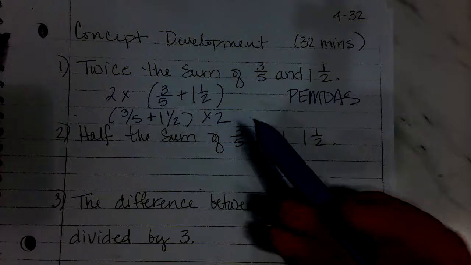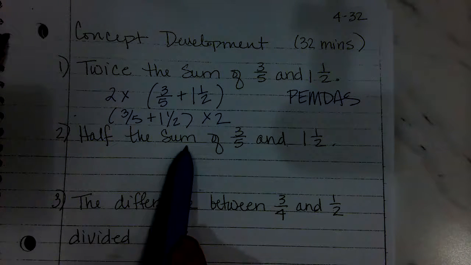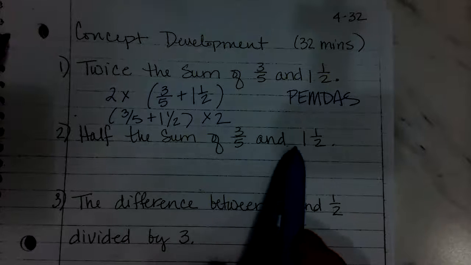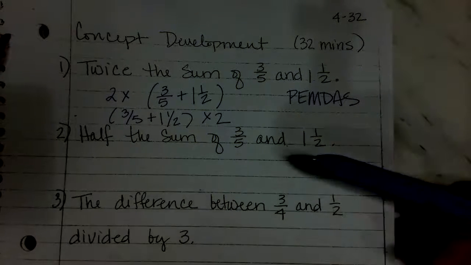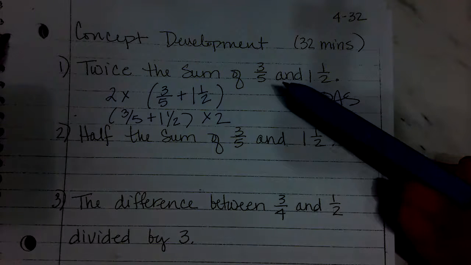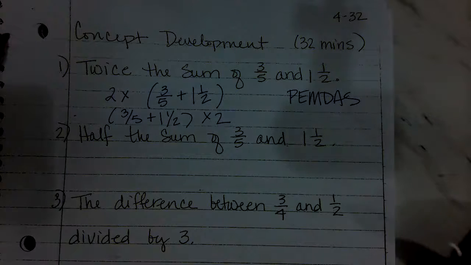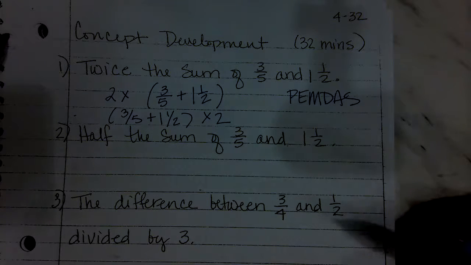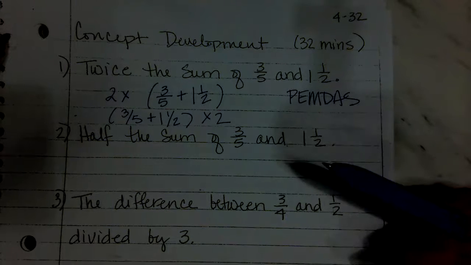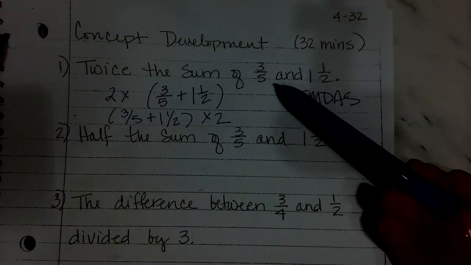All right, now let's read this one. Half the sum of 3/5 and 1.5. So let's compare the expression to the one above. Now, without evaluating, which means solving, right? Without evaluating the expression, will the value of this expression be more or less than the previous one?